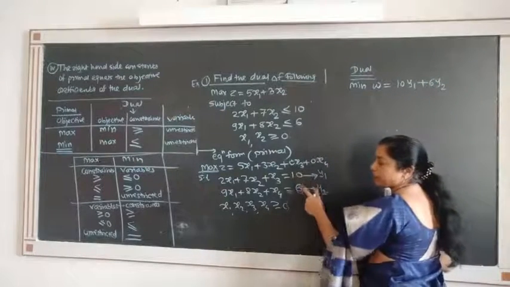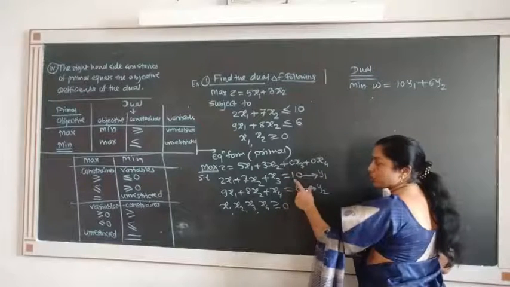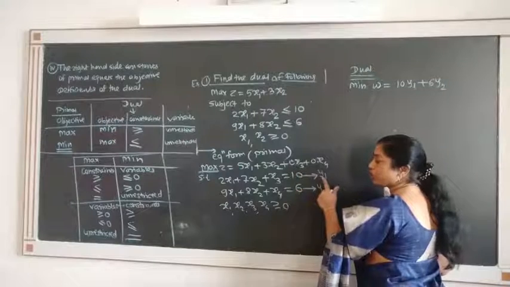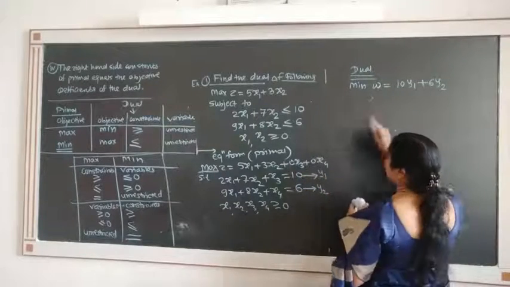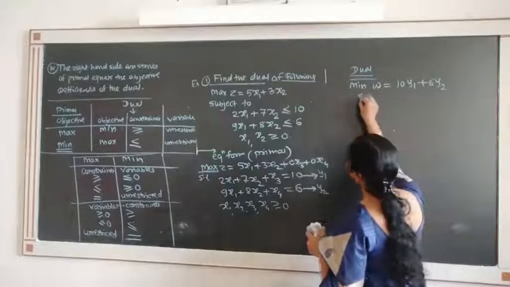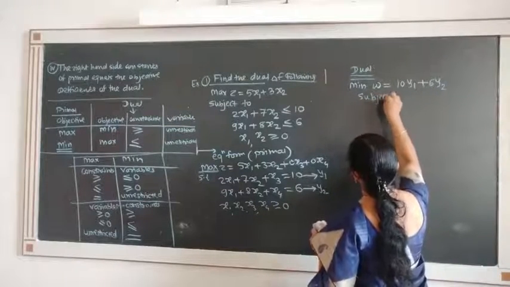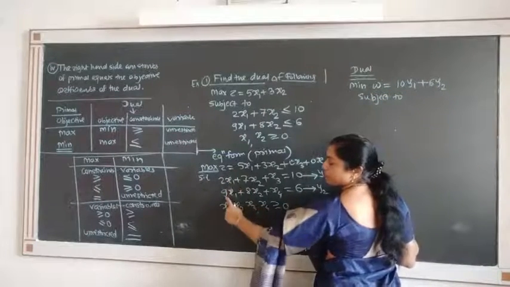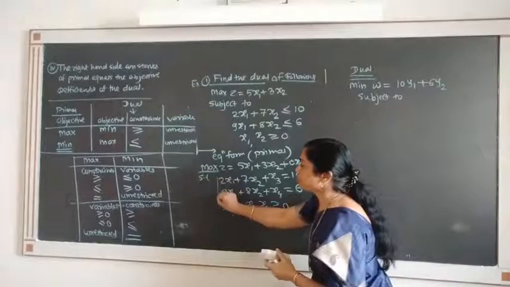Observe that the RHS of the primal constraints gives the objective coefficients of the dual variables. So minimize W equal to 10y1 plus 6y2, subject to constraints. Now see the first constraint. Consider the coefficients of x1, the first column.